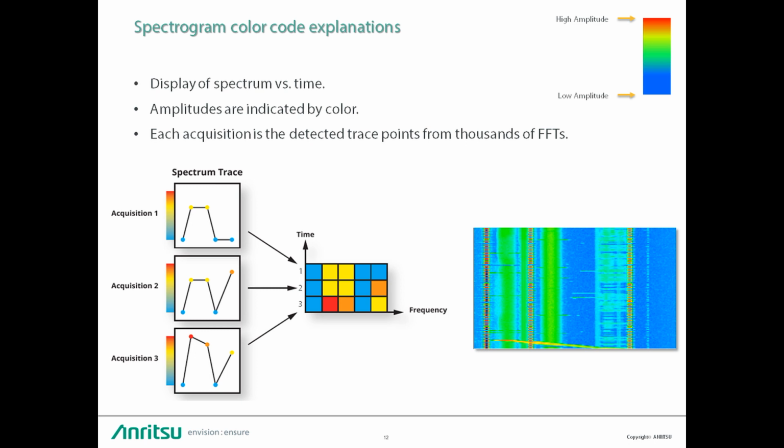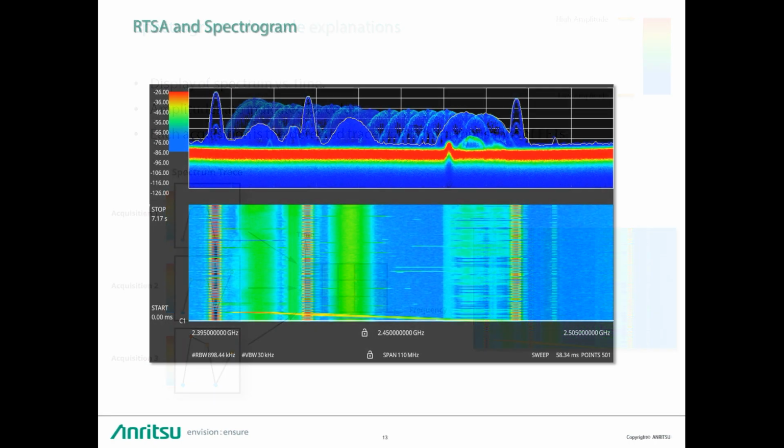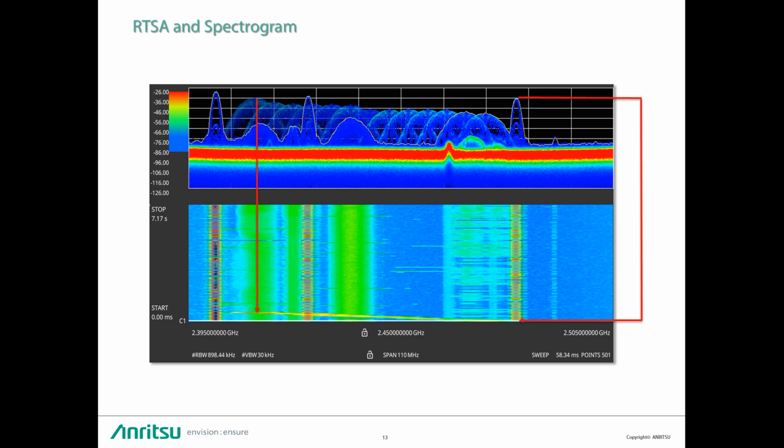Being able to get both the RTSA color code and the spectrogram on the same screen is really important to understand the behavior of signals. The elusiveness of transients or short carriers can even be seen on the RTSA and spectrogram, since by looking at the arrows, we can understand which frequency occurred and when.